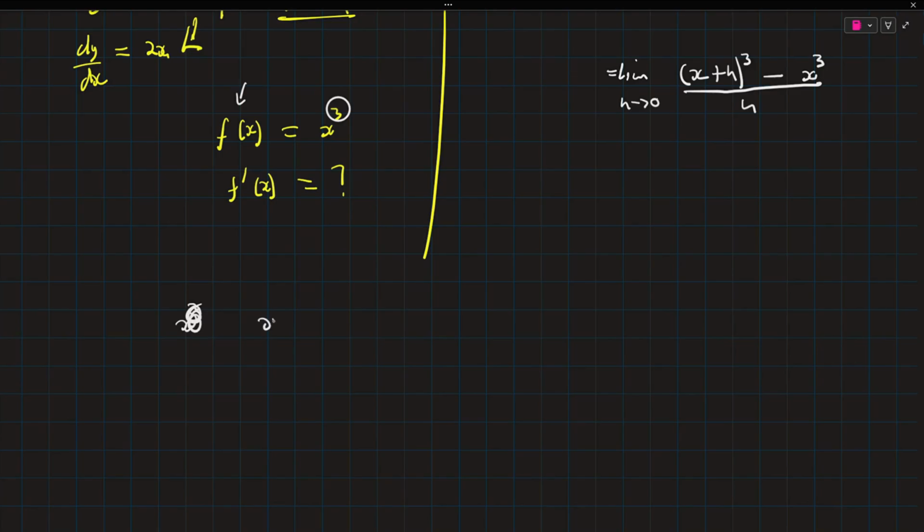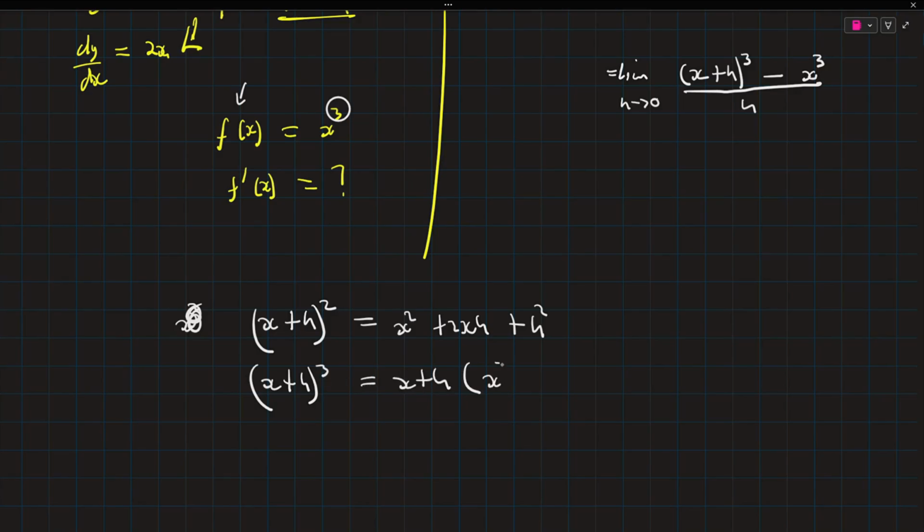And we know that since we have done x squared, right? We have done x plus h squared, and we said it's equal to x squared plus 2xh plus h squared. So x plus h cubed will be x plus h multiplying x squared plus 2xh plus h squared. Is that so? And that will give us this times this, we are going to have x cubed. This times this, we are going to have 2x squared h.